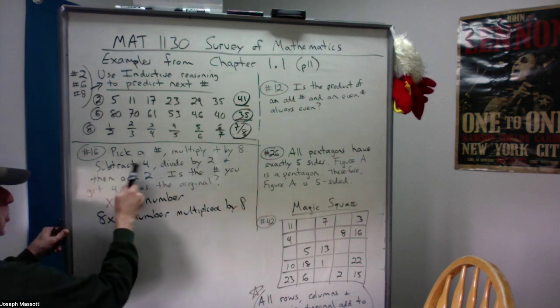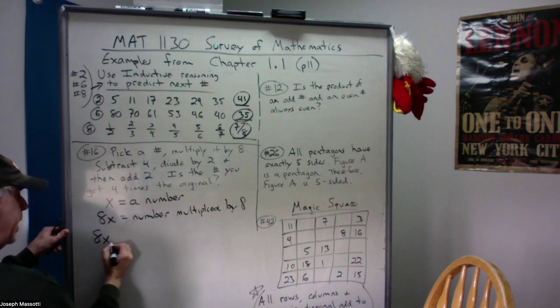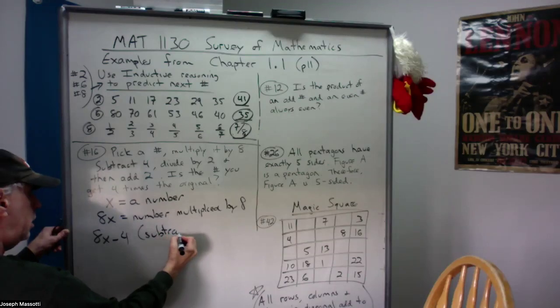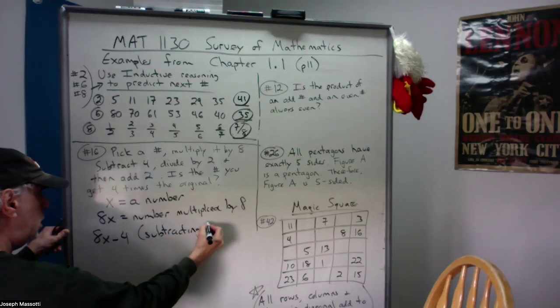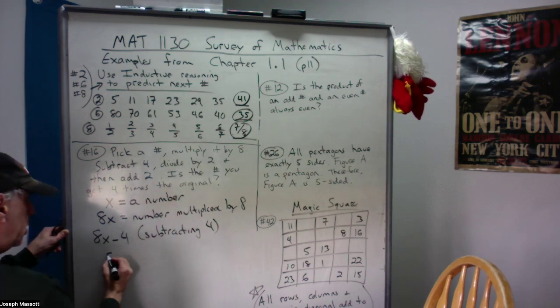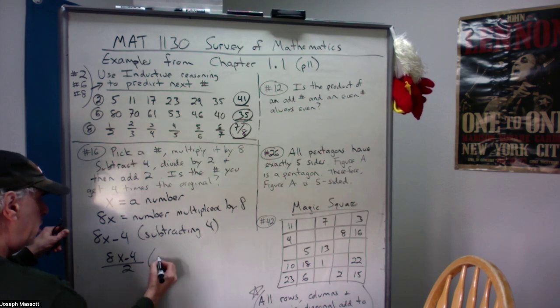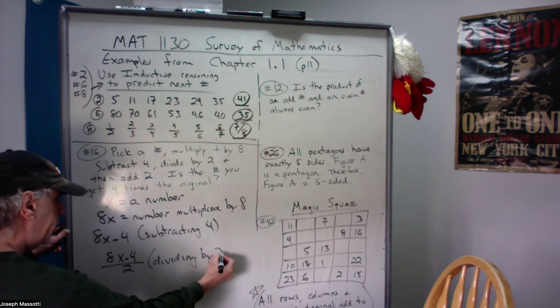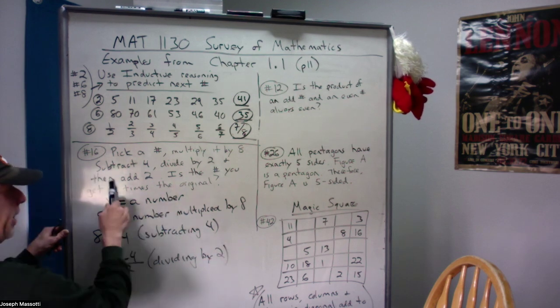All right, then it says subtract 4. So we take that and we subtract 4, right? Subtracting 4. And then it says divide by 2. We take what we have and we divide by 2. And then add 2.